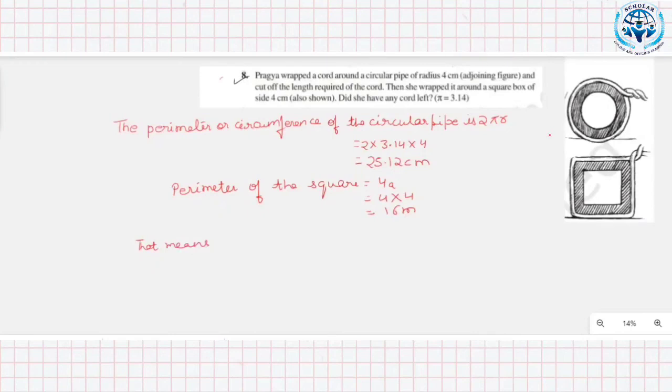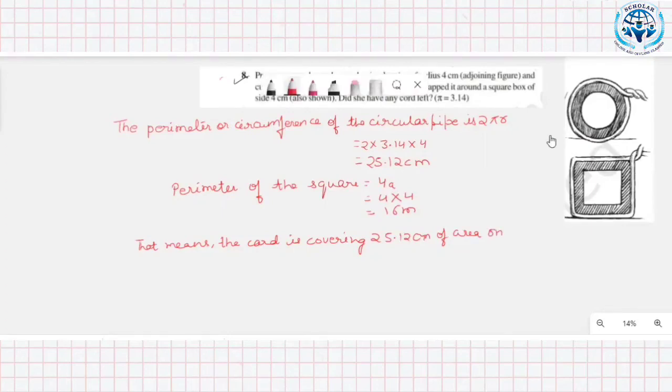So 25.12 centimeter is the length of the cord that was wrapped around the circular pipe, and 16 meter is the perimeter of the square. That means Pragya is left with the cord and the remaining is 25.12 minus 16, because 25.12 centimeter is greater than 16 meter.